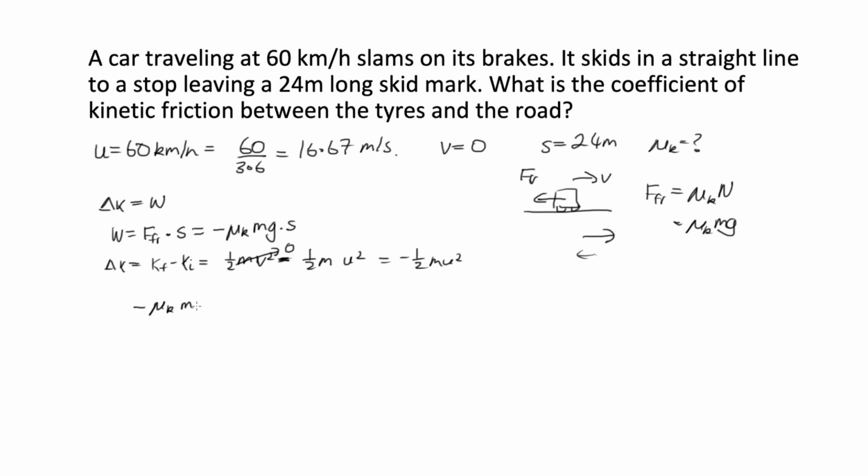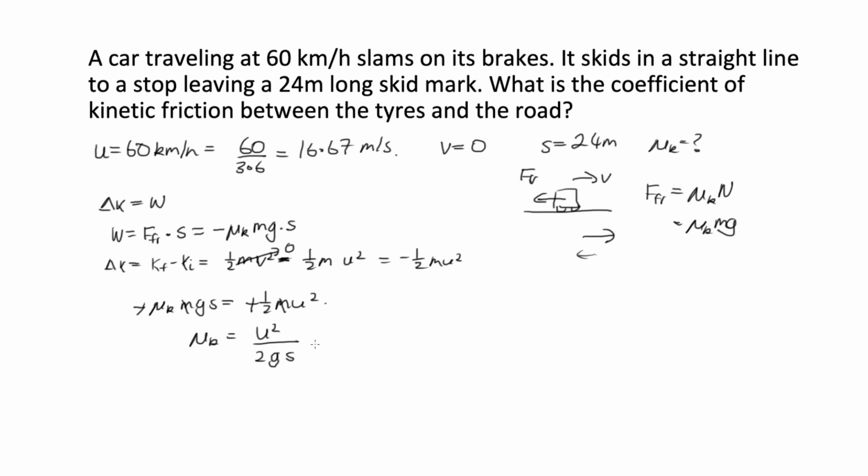So minus mu k mgs is equal to minus a half m u squared. So the negatives cancel out, the m's cancel out. What we're trying to work out is mu k. So we've got mu k is equal to u squared over 2, and then we're also dividing by gs. So now we've got an expression that we can evaluate.